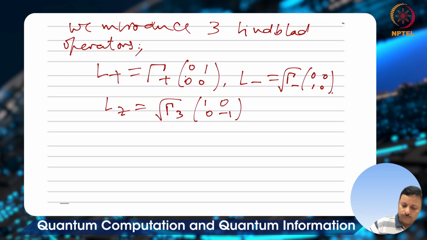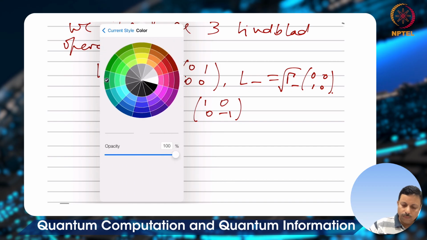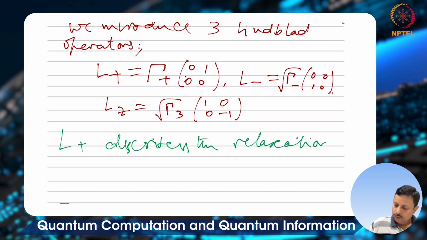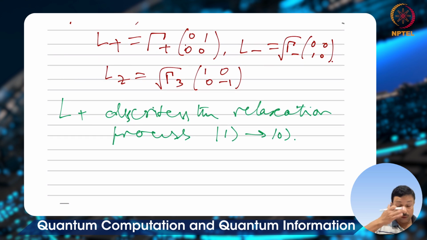So now your L plus describes the relaxation process, 1 to 0, which was kind of a spontaneous emission we covered in the last lecture.